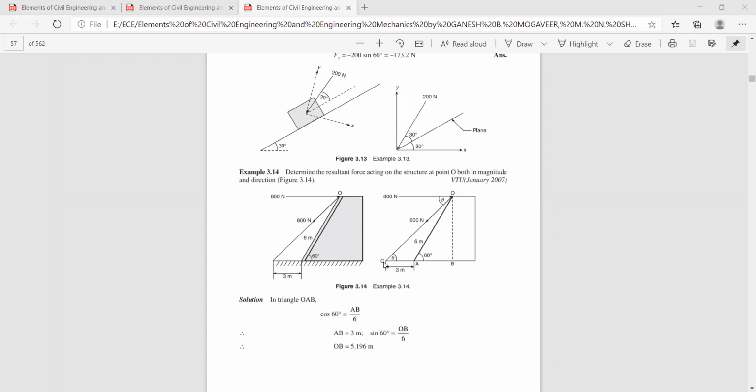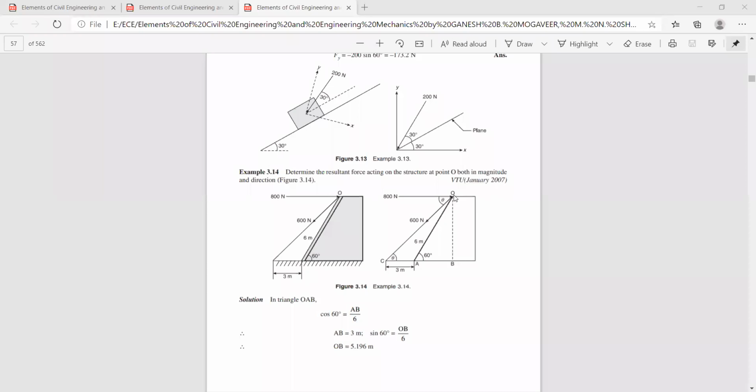Now, since you know the distance CB and OB, you can apply the tan relationship. So tan theta is nothing but OB by CB. CB is 6 meters and OB is 5.196. So thereby you will get this angle theta.